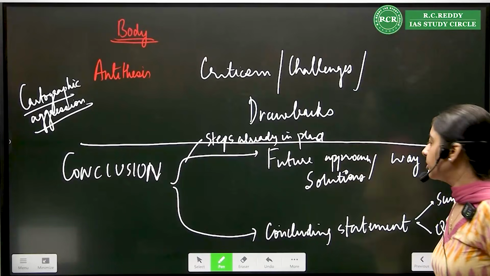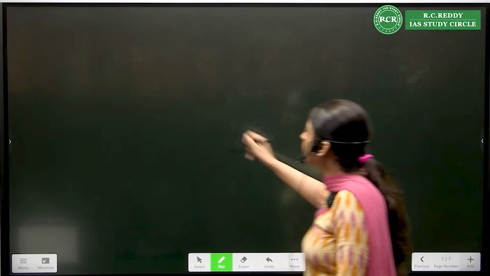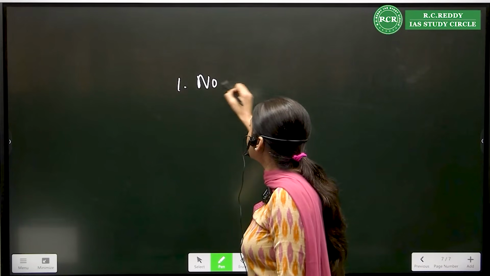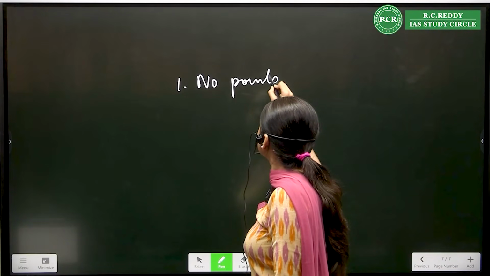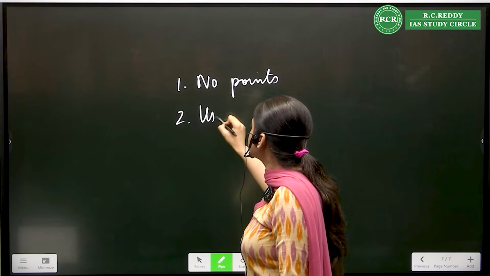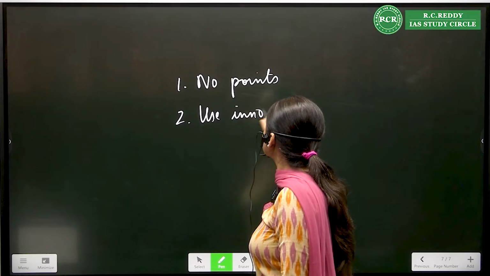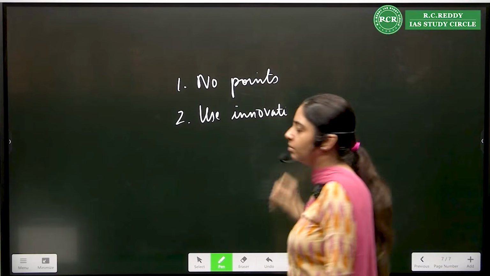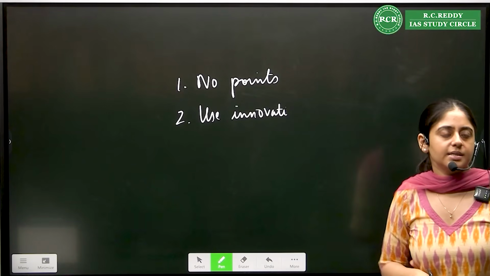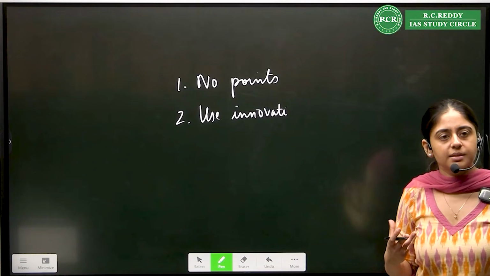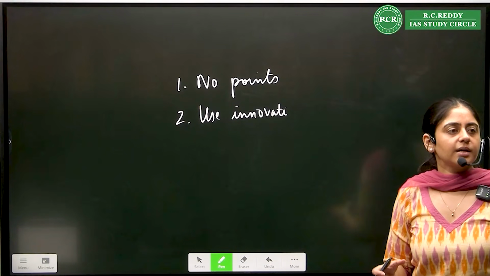Now, in this entire process, remember one thing I've already told you: no points. Use innovative headings only if you're using them, and don't go overboard, that in your entire essay of 5 pages you have 10 headings. Just 2 or 3 here and there.